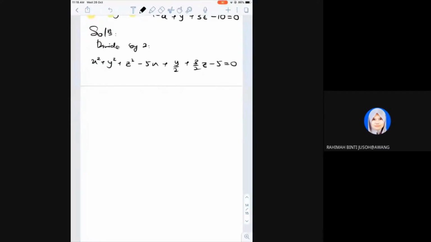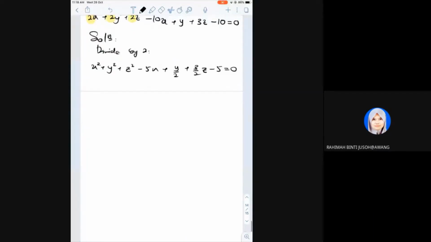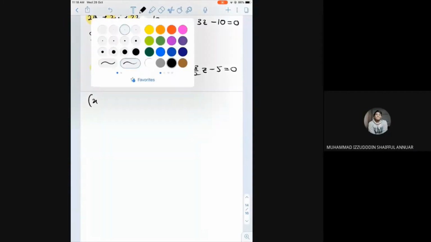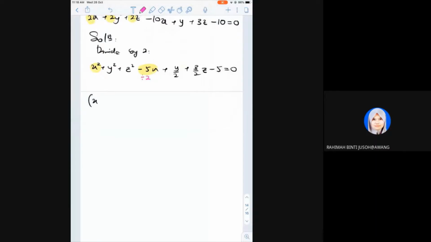Okay, so slowly. Okay, open the bracket. x. Okay, now what's the couple of x? Negative 5x, right? Yes, so you have to divide this by 2. Okay, divide by 2, we should get minus 5 over 2 squared, like this. And then now plus, open the bracket, plus y, we have the couple of y here, 1 over 2 y.